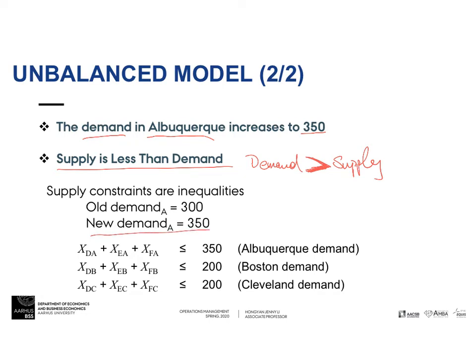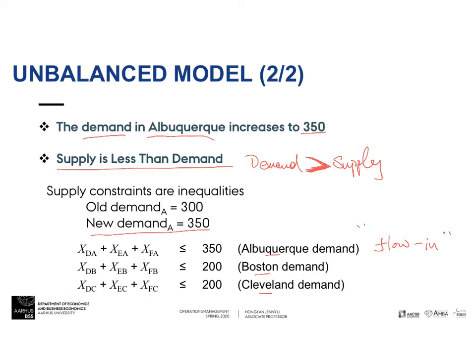The supply constraint also changes. So now all these constraints are flow in constraints. For all these ABC warehouses, the demand now is higher than the supply.